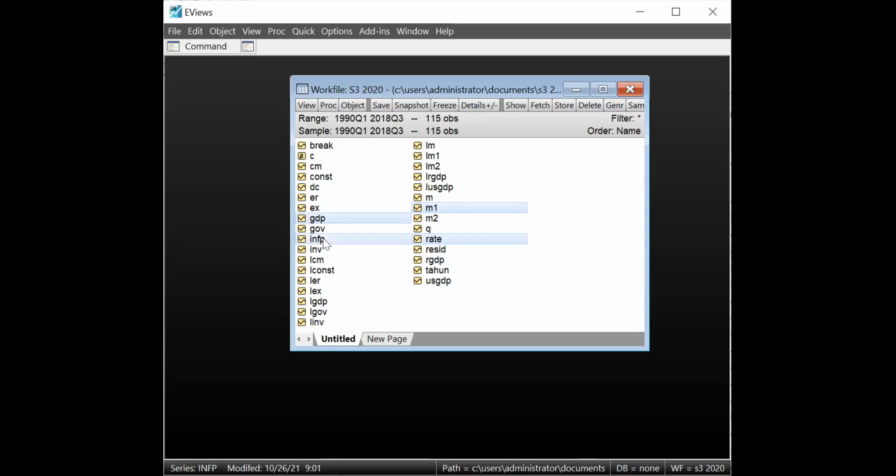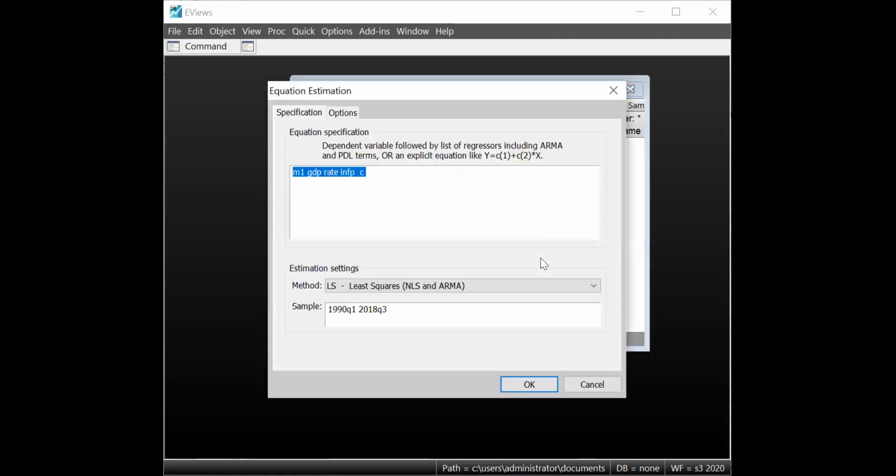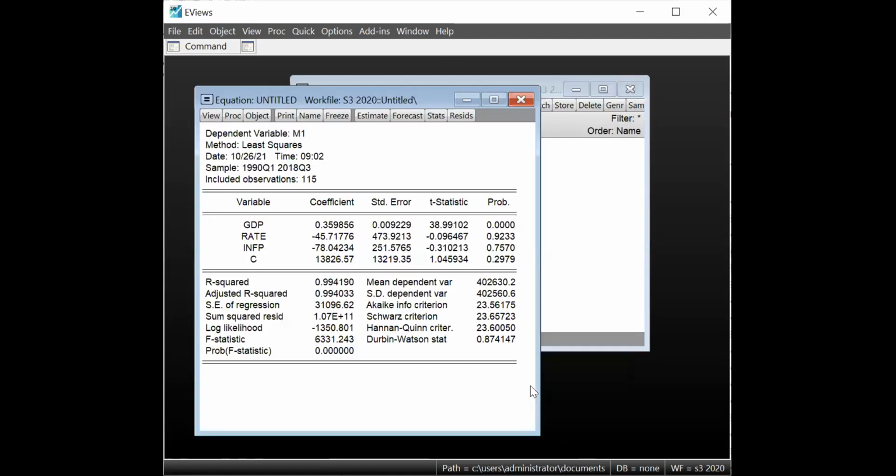We have 4 variables. We estimate here by OLS, the ordinary least squares method.